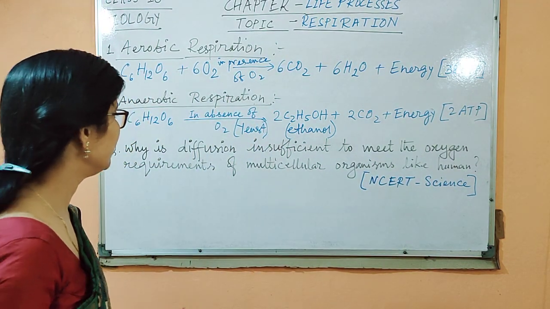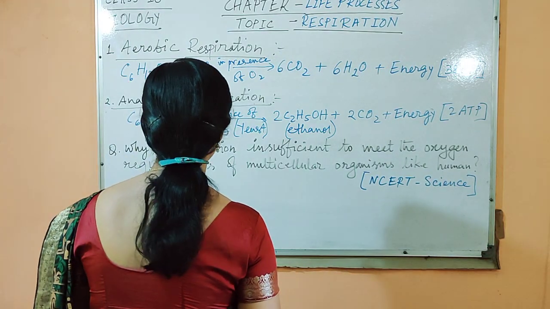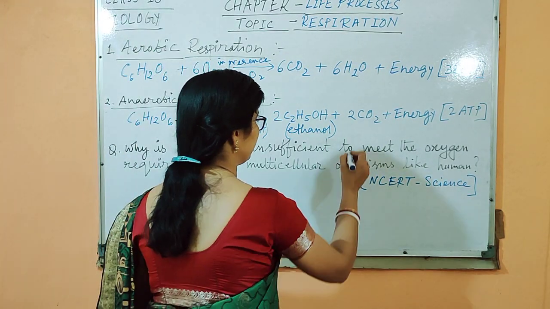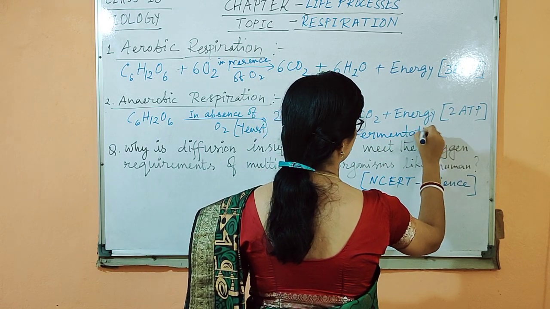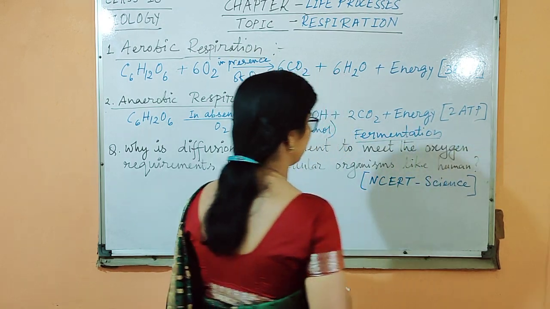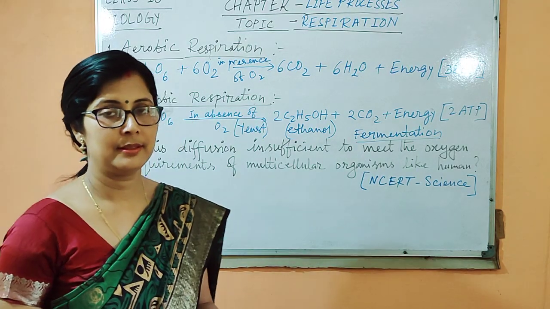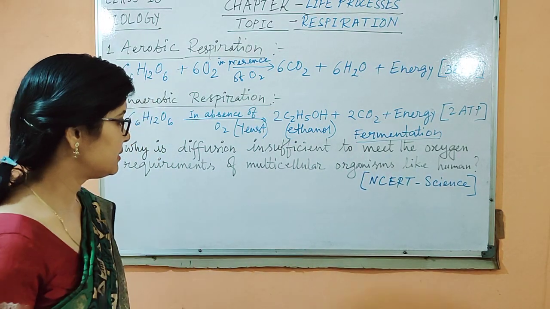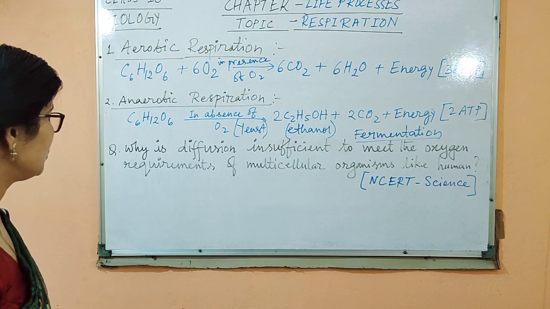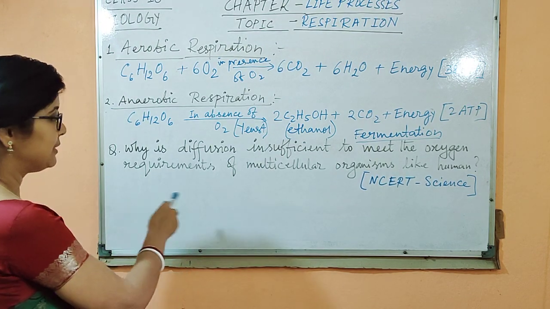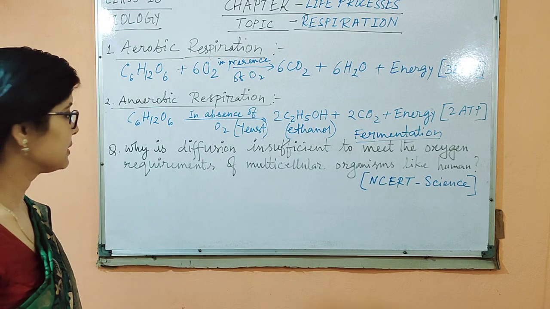Okay, this is known as fermentation. This procedure is fermentation. Same way, in case of muscle cells, lactic acid is produced. So try to answer this question from NCERT Science.